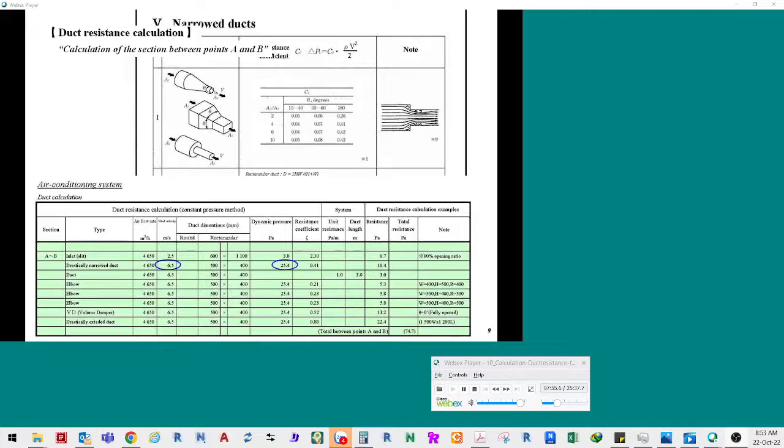Assume that the extended angle is 180 degrees. The area ratio is 3.3, or between 2 and 4. The resistance coefficient to be adopted is 0.41, which is the maximum value among those for the corresponding area ratio. Multiply the local resistance coefficient by the dynamic pressure.